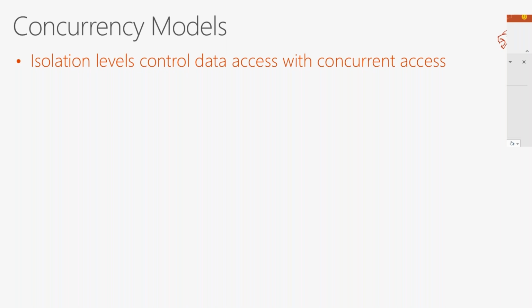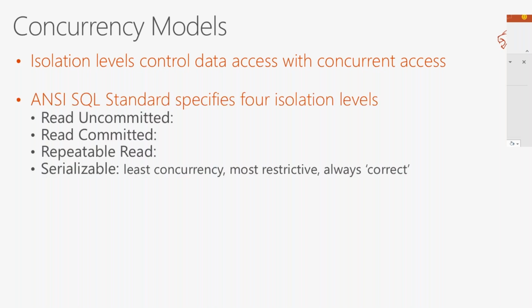So nobody should see your account to say, yeah, Sunil has this much money in the account, because I have not yet committed my transaction. However, when I commit my transaction, then everybody who has the permission to see my account should be able to see that. So there is a state of the database during a transaction while it is not committed, and there is a state after the transaction is committed.